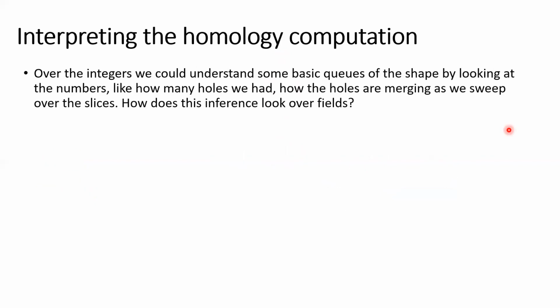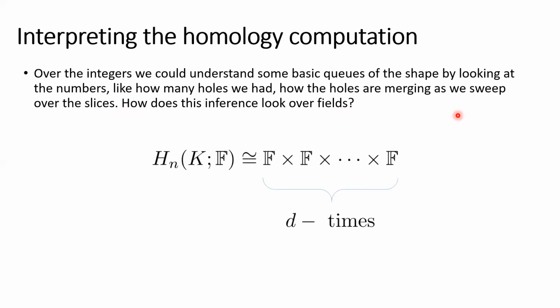Now the next question says, over the integers, we could understand some basic properties of the shape by looking at these numbers, like how many holes we had, how the holes are merging as we zip over slices. I guess here it is asking about persistent homology already. How does this inference look like over other fields? So again, over a field, your homology is just going to look like the field cross itself some number of times, and that number is exactly the dimension of this vector space.